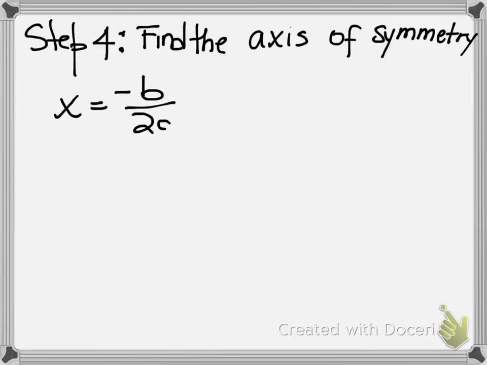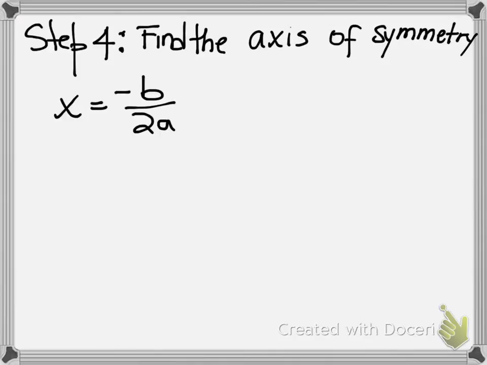Ladies and gentlemen, we have negative b over 2a. That should sound familiar because when you're doing the quadratic formula, what does it start with? Negative b. And you remember it's negative b plus or minus the square root of the expression b squared minus 4ac, all over 2a. Now, the first part of that, negative b over 2a, gives us the axis of symmetry.